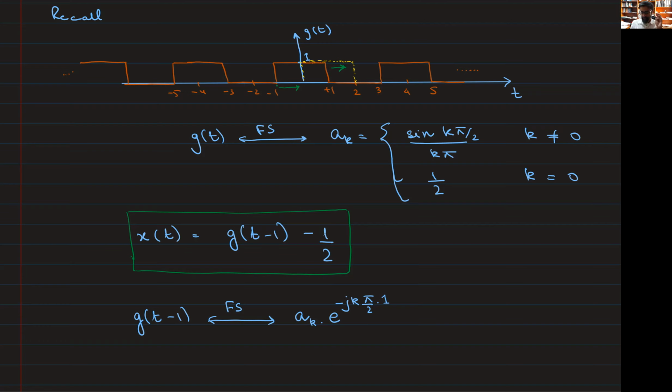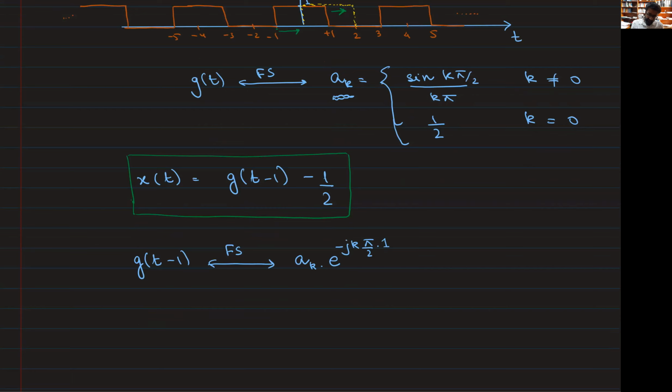So the Fourier series coefficients of g of t minus 1 are just these a_k that we have above, multiplied by e raised to the power minus j k pi by 2. All right. What about the Fourier series coefficients of half? Let's say y of t is a signal which is just half. What will its Fourier series coefficients be?